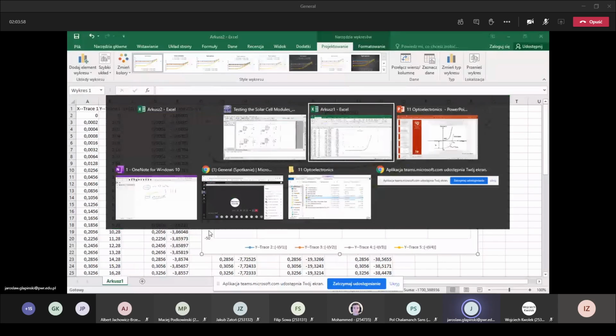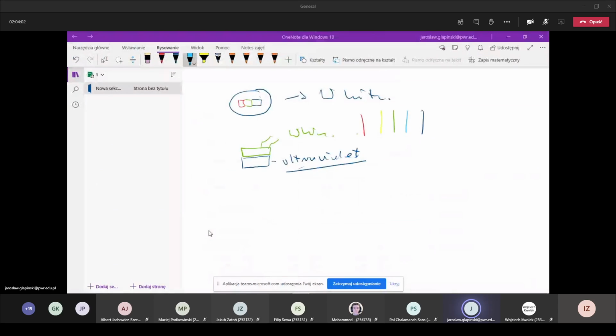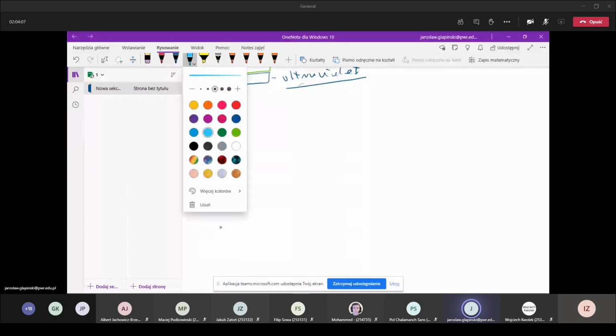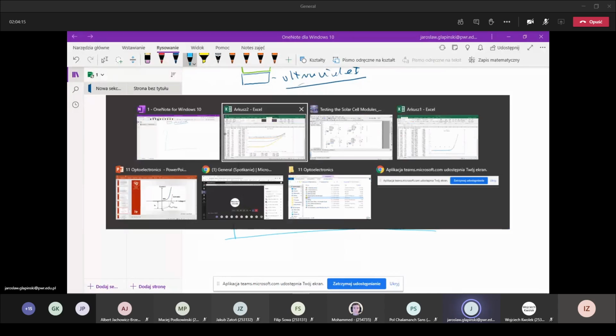If we stay in this part of this chart, we've got the characteristic of the current going through the cells.